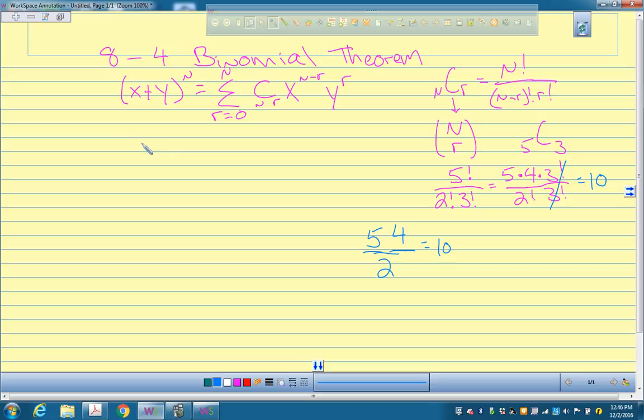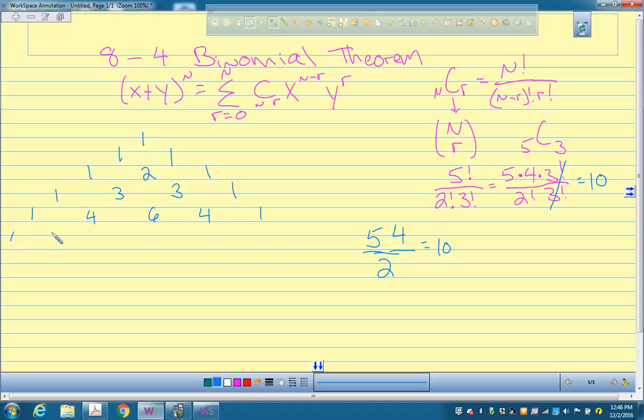Another way you can get these things, this is really cool. Remember Pascal's triangle? You did that coloring thing on it. 1, 3, 3, 1, and I'll show you how to do this on your calculator too. 1, 4, 6, 4, 1. You guys understand where I'm getting all these numbers from?